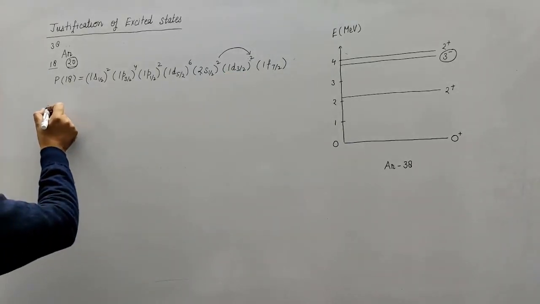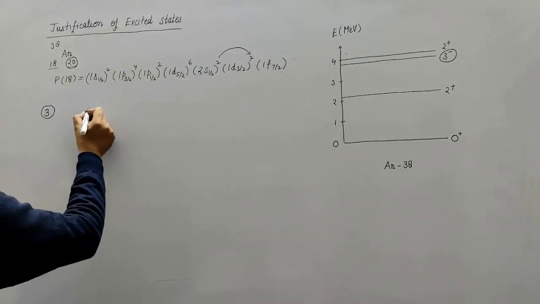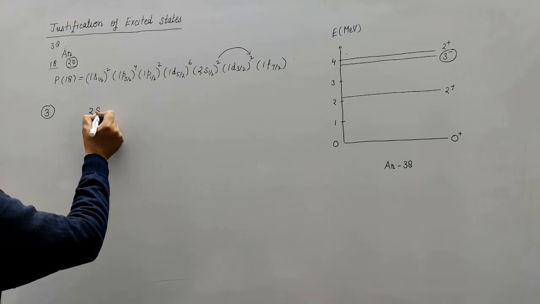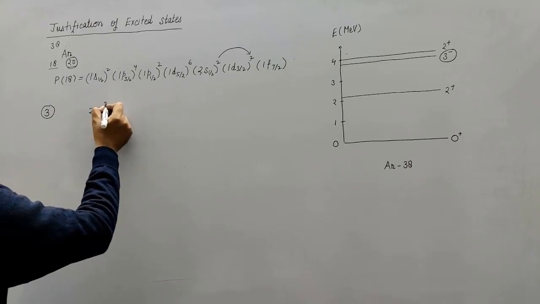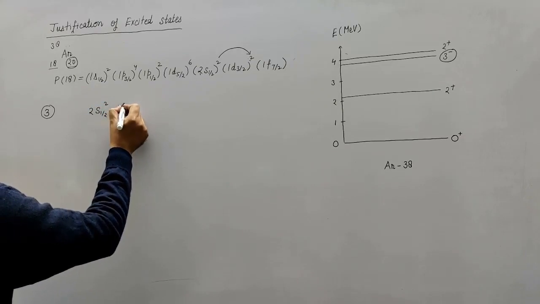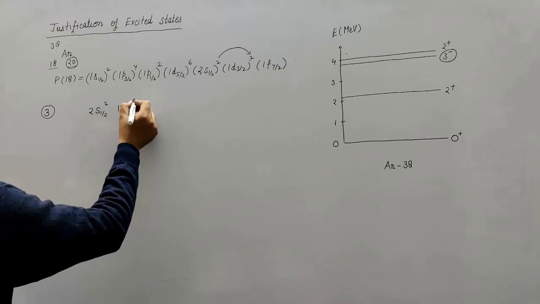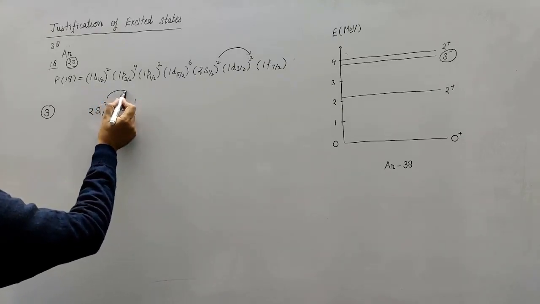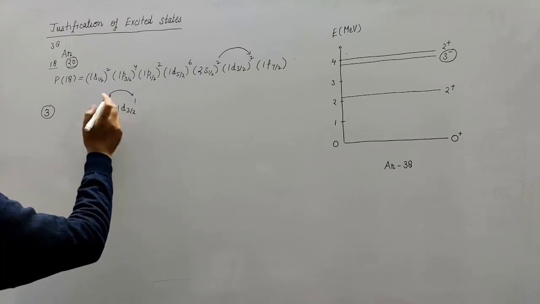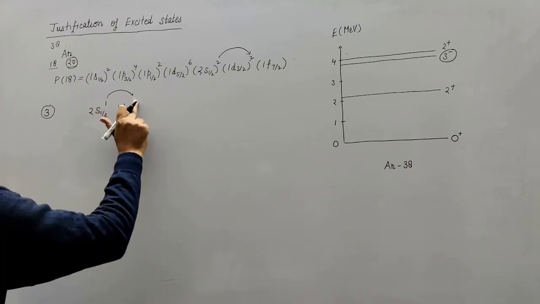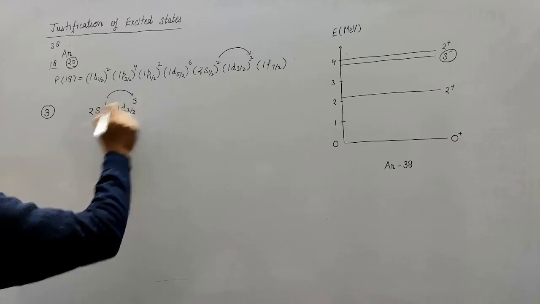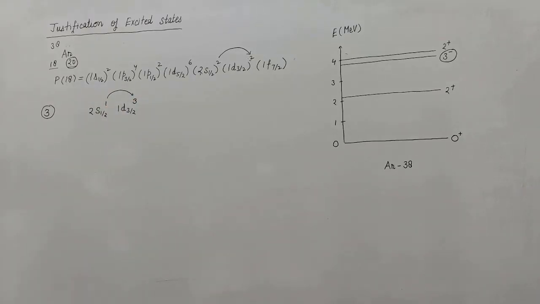So in case 3, if we consider this type of transition, 2s1/2 has 2 here and 1d3/2 has 1 here. If one of the protons moves from here to here, then here it will reduce to 1 and this will increase to 3.